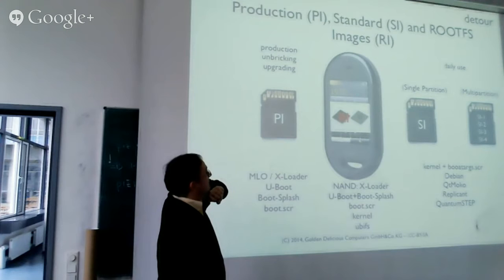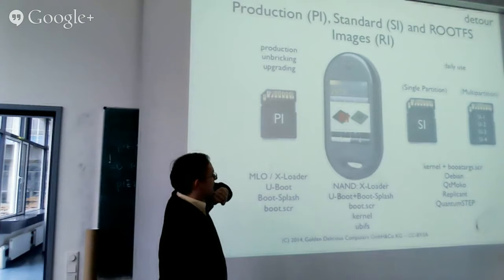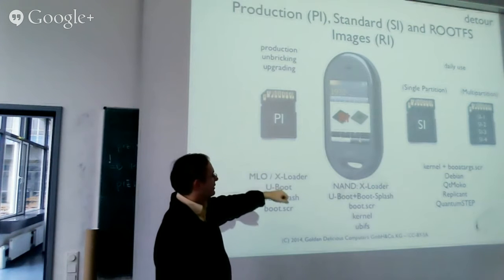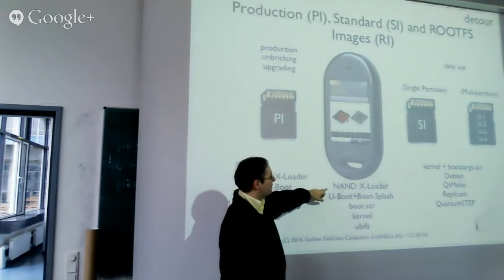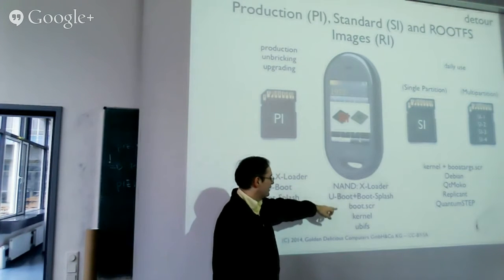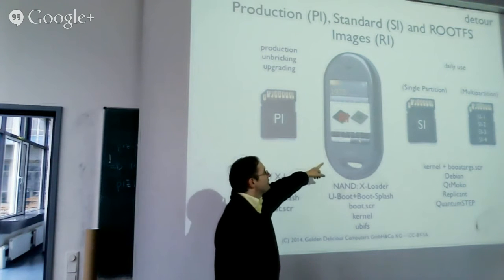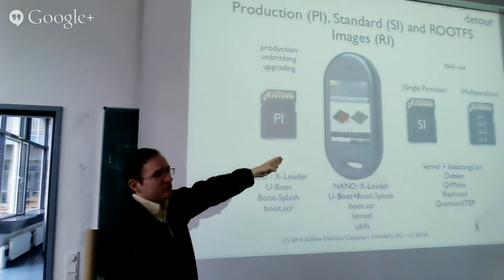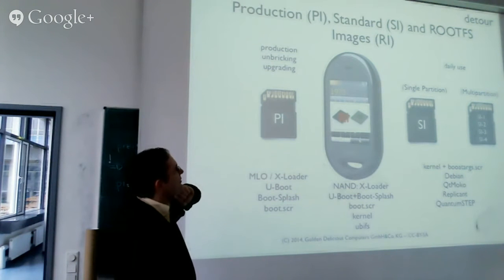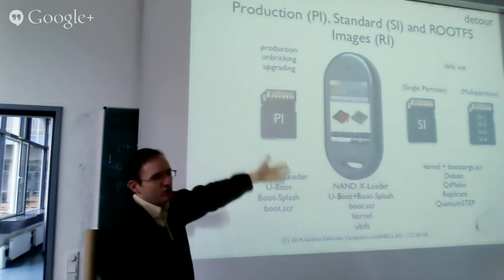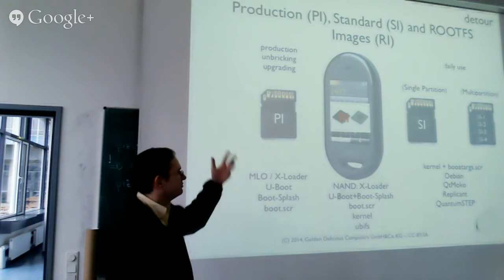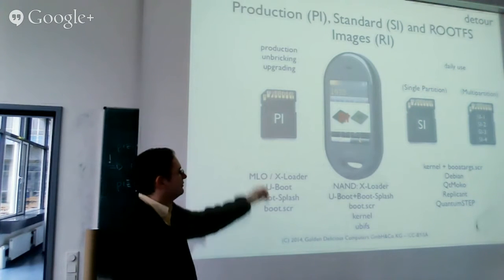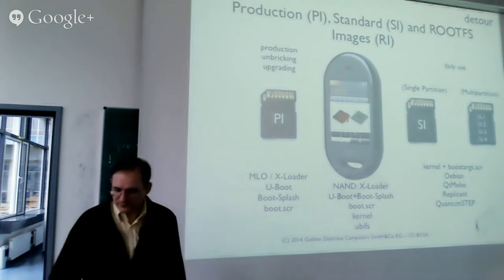Then the root file image includes the X loader for the NAND, U-Boot, and so on. And it has a special kernel and UBIFS. And for daily use are the standard images, single partition images or multi-partition. However, it is planned to use different systems.